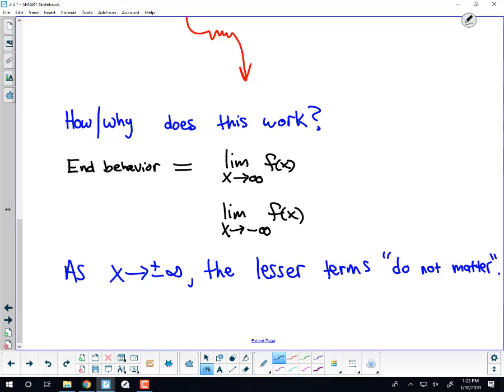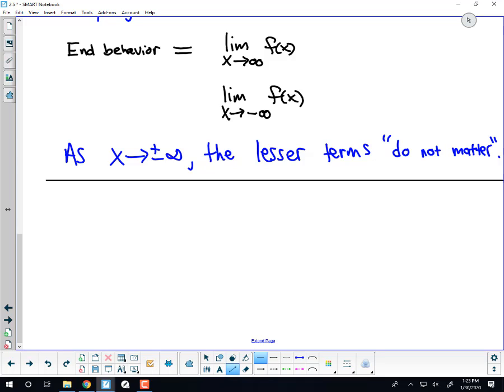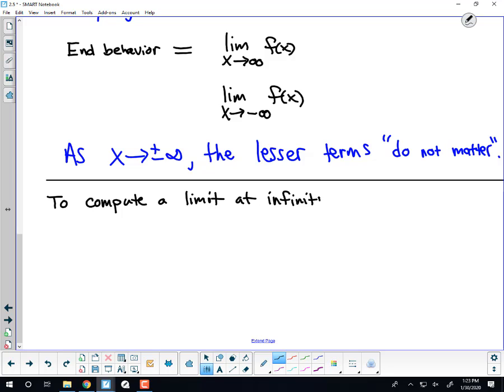So basically what it's telling us, all of this stuff, we can just briefly summarize. To compute a limit at infinity, and again, we'll remind ourselves, limit at infinity, that's end behavior.